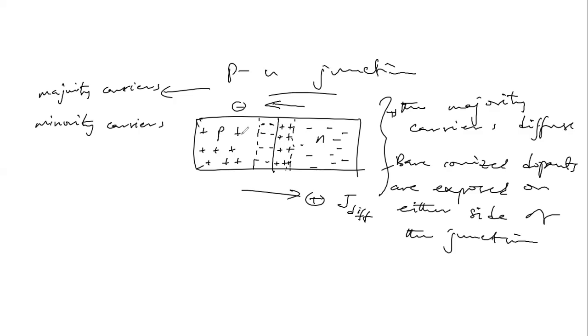So as the holes diffuse from the p side to the n side, they leave a negatively charged ion at the junction. And this results in what we call the depletion region.